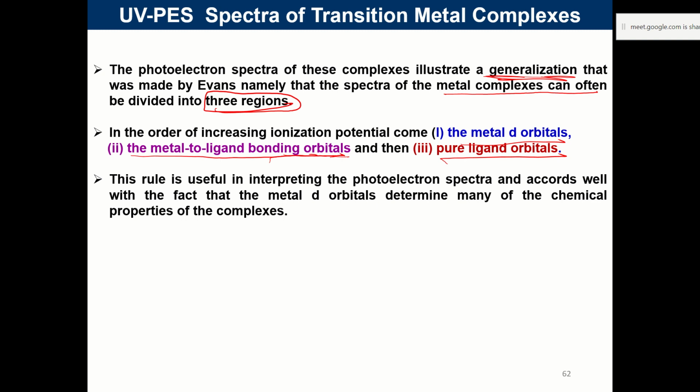But अगर आप use UV absorption spectra, you can't do that because no excitation from T2g to Eg is possible if the electrons are already present. But you can always do photoelectron spectroscopy, ionize the electron from both the levels and calculate the d-d delta value.